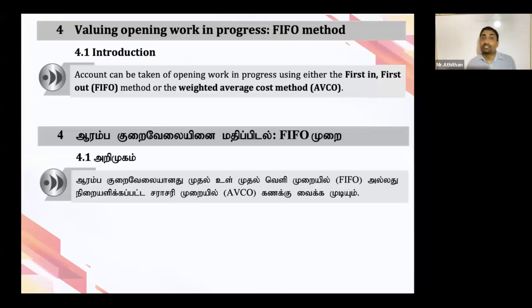Oh, sorry, this is opening work in progress. Opening work in progressல நாங்க எப்படி வேல்யூவேஷன் செய்யறதுன்றதை பார்க்கிறோம். So already closing நாங்க பார்த்திருக்கோம்.